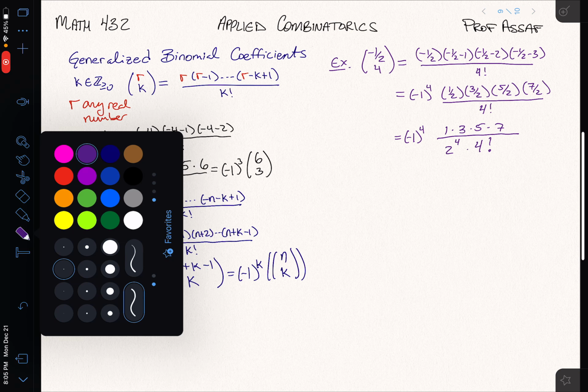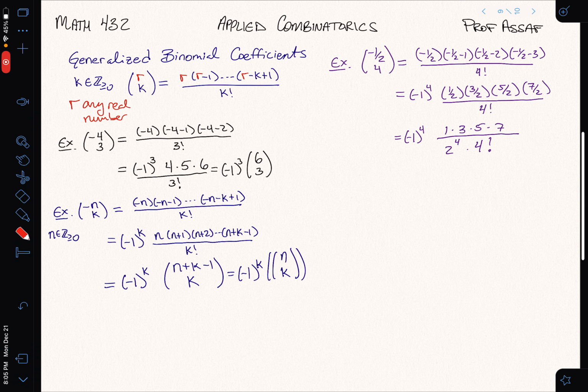I could stop here, but I'm not going to. I don't like those odd numbers. I really wish it was just a factorial. And I'm going to use inspiration for what's on the bottom. So let me do a little aside down here. Let's observe, what is 2 to the 4 times 4 factorial, that thing that we see on the bottom? Well, 4 factorial is 1 times 2 times 3 times 4.